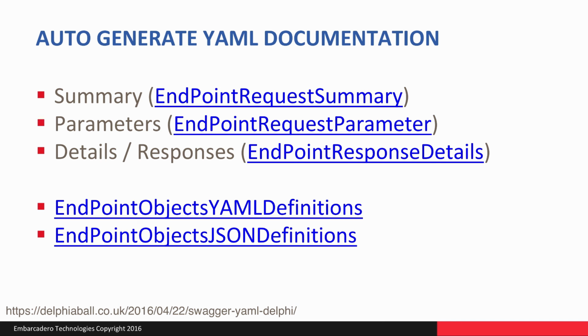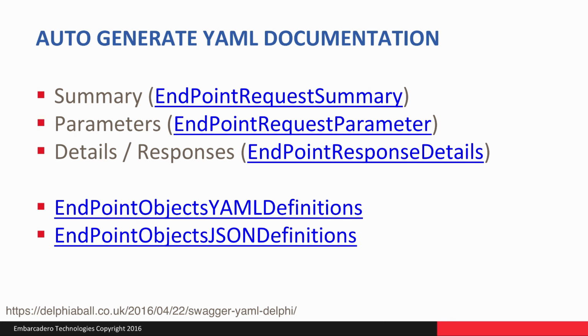Then the parameters, which you can use to define the parameters that are going to be available for the API. It's really important to declare those with specific attributes so that they become automatically discoverable through Swagger.